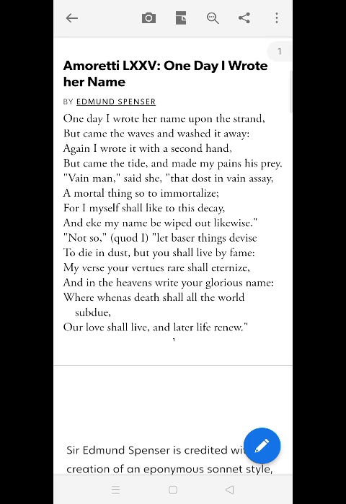what was the response of his beloved? She said that vain man. She addressed her lover as vain man. Why? Because he is doing some nonsense activity or futile activity, that she feels that what you are doing is a kind of futile activity, that dust in vain essay, that goes in vain.